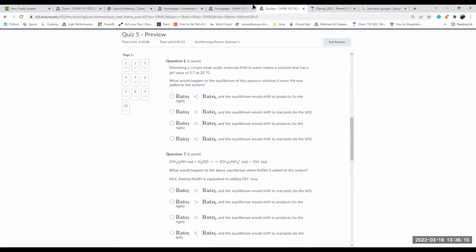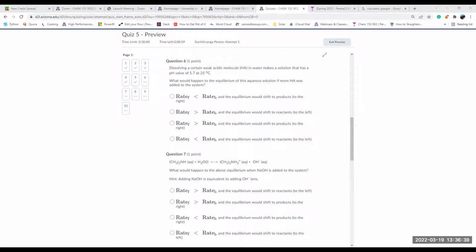All right, question 6 tells us dissolving a certain weak acid in water makes a solution that has a pH of 5.7. At 25 degrees Celsius, what would happen to the equilibrium of this aqueous solution if more HA was added to the system?